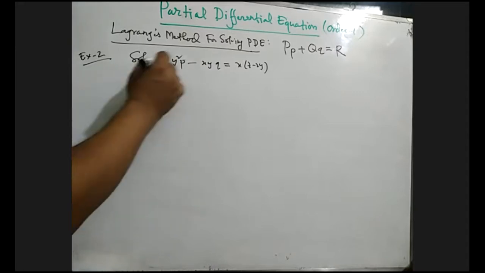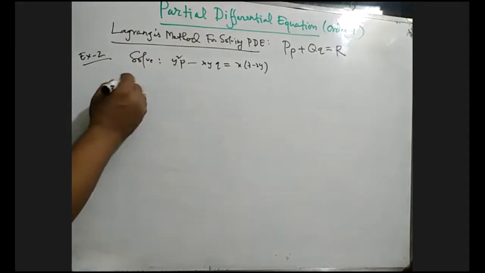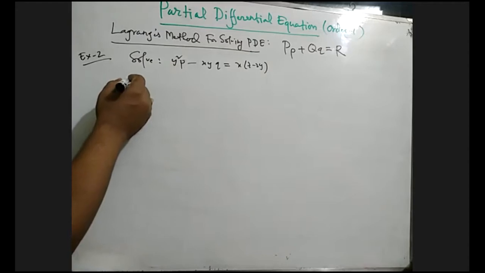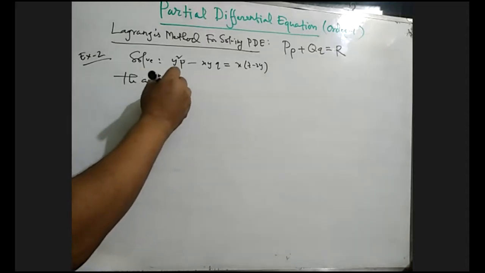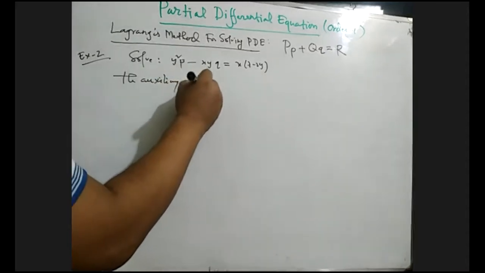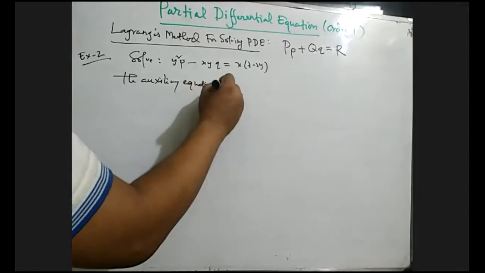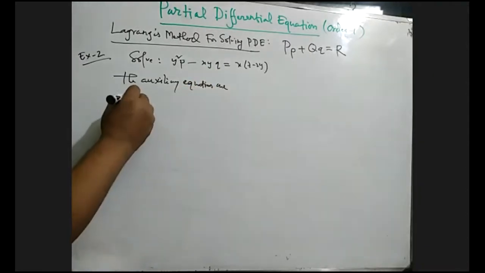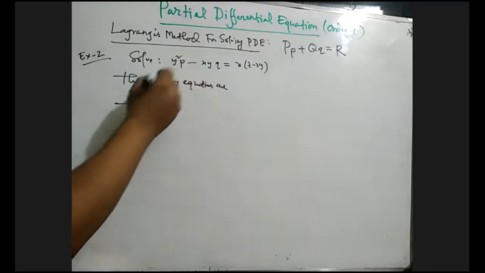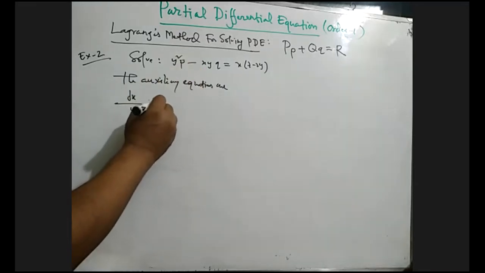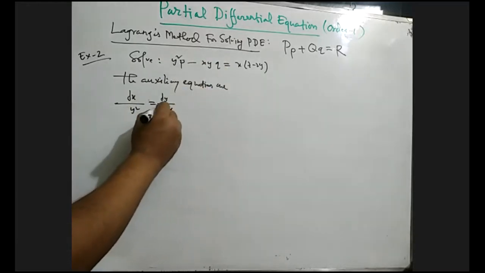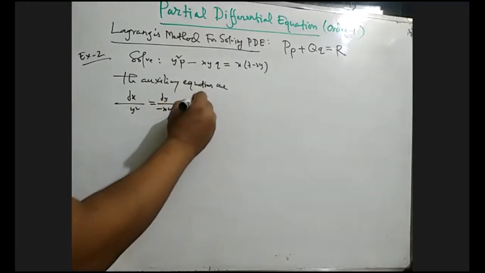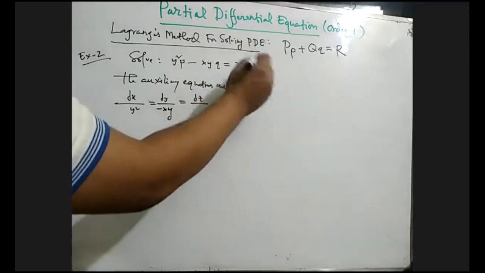Now we can write the auxiliary equations. The first step will be the auxiliary equations: dx divided by the coefficient of p equals to dy divided by the coefficient of q equals to dz divided by the right hand side, capital R.